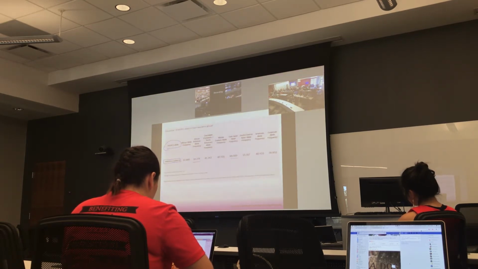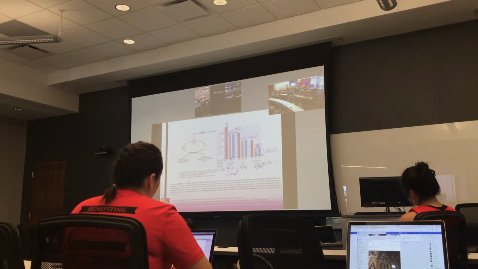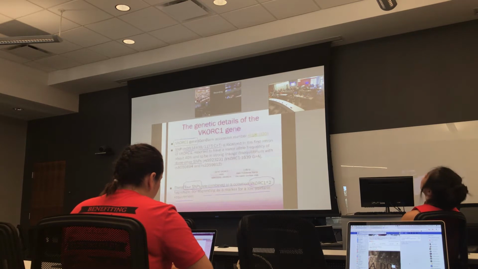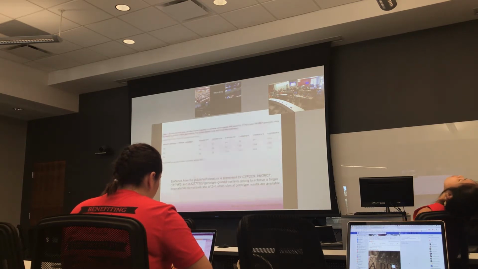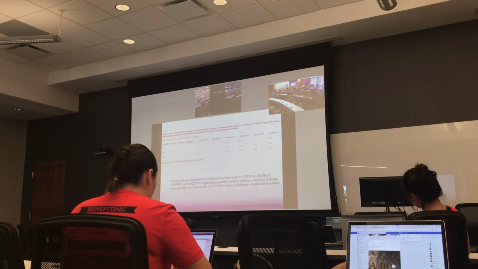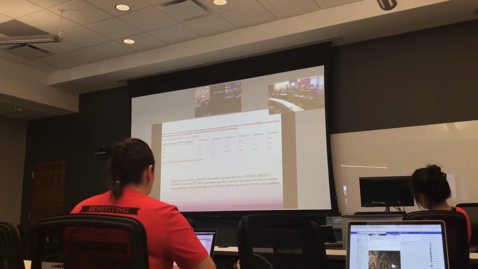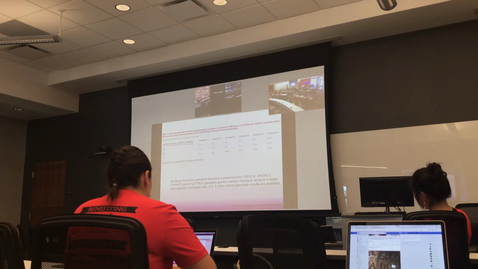And that's why we have to consider all of these things together. Because they may not have one, but they may have the other, and then they're going to need less of a dose, or decreasing dose of warfarin. And so here is where they're looking at the designation for the base pair, whether it's GG, GA, or AA.